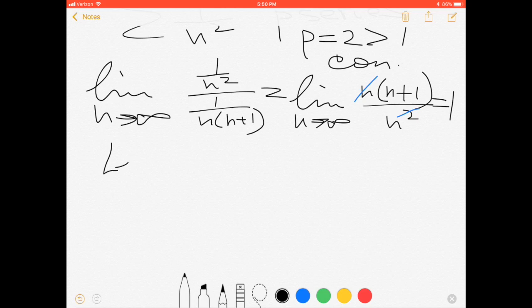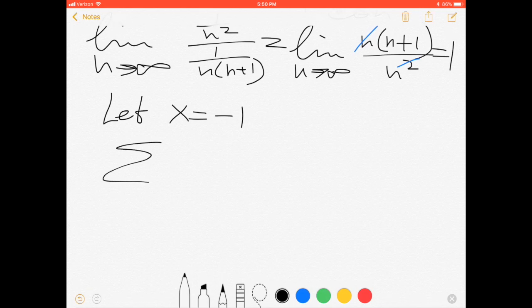What happens if we plug in x equal to -1? You have the series (-1) to the power n plus 1 over n times n plus 1.